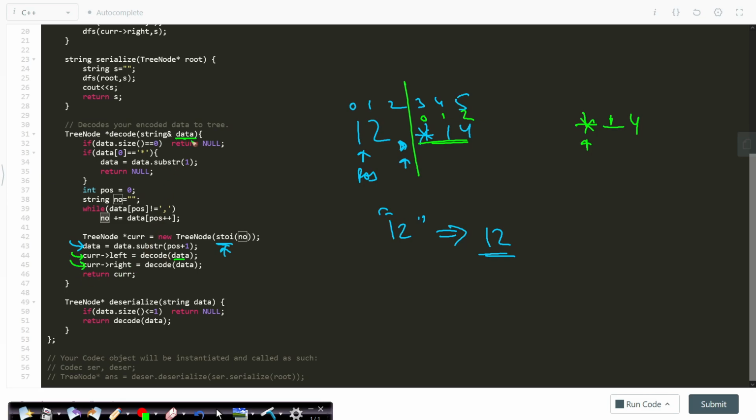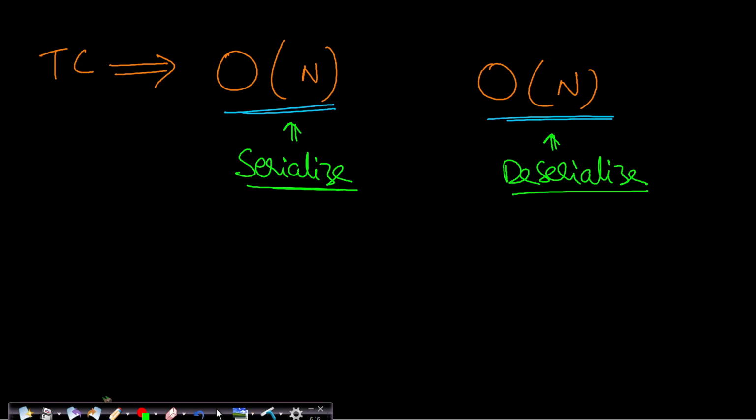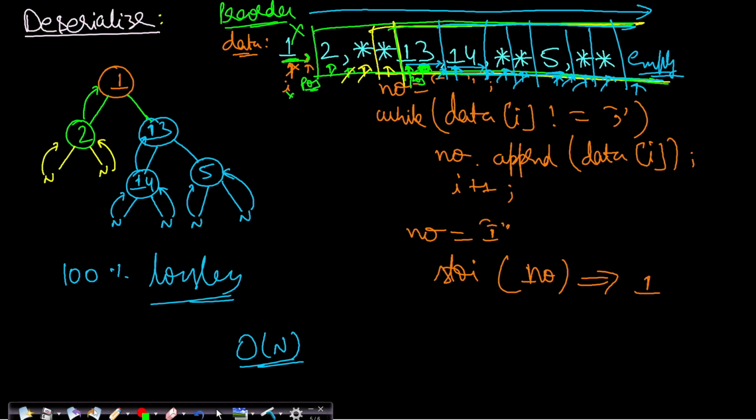So this data is by reference, so whatever changes are made in the subtree will be reflected in the other subtrees and also to the ancestors. Right, I hope you understand. After that, we will return the current pointer, whatever node 12 we have made, to the calling function. So this is how the entire serialization and deserialization will work, and this is completely order of n for both the APIs.